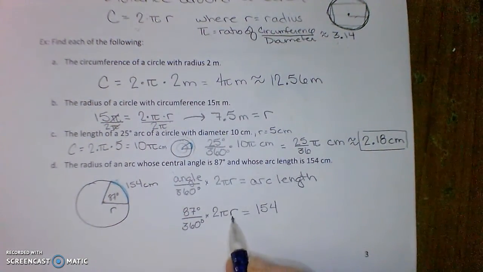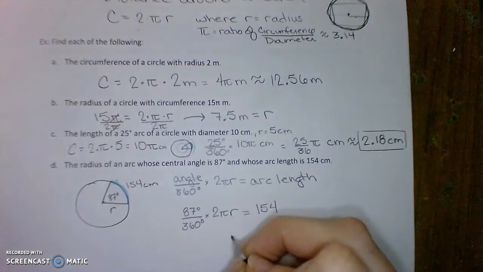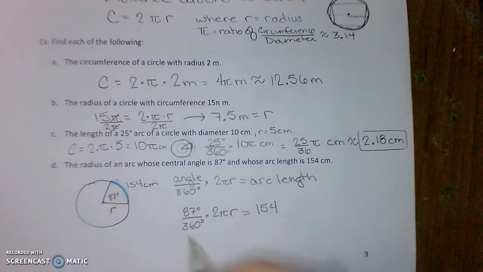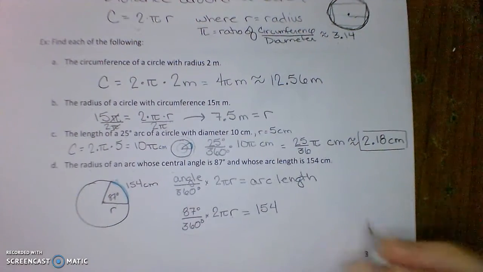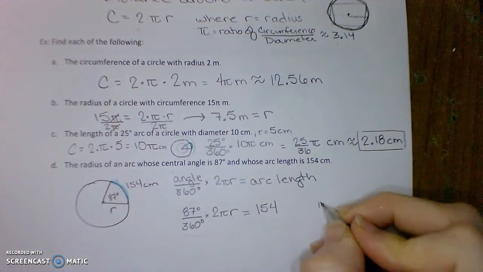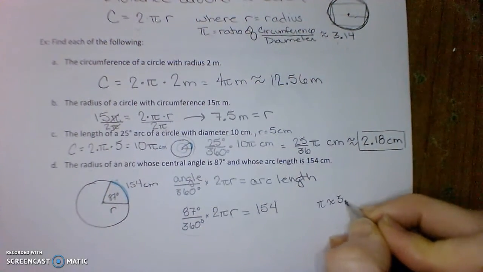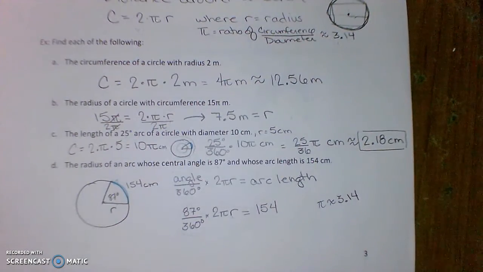And let's see if we can solve for r here. You can do this computation, and we can use the approximation that pi is approximately 3.14 to help us solve this.